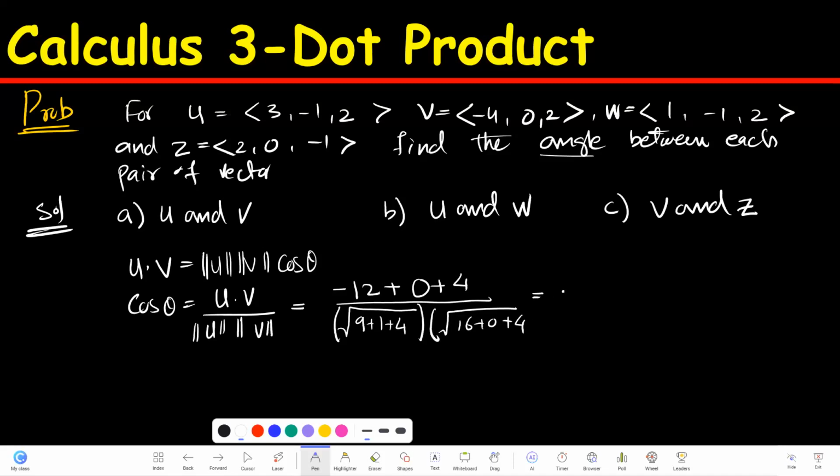Let me just rephrase again what we got. If you add them together, it's going to be minus 8 divided by square root of 14 times square root of 20. You can also write this as minus 8 over square root of 14 times 5, right? 5 times 5 is 25.